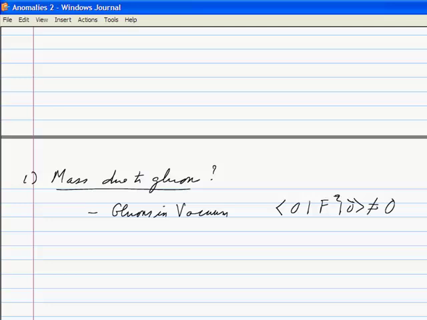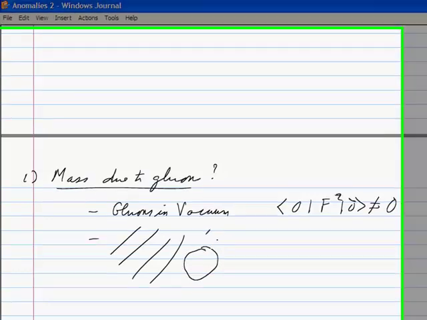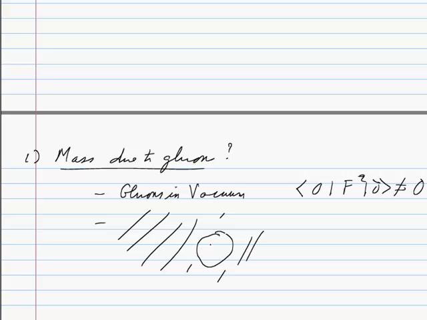In QCD, it's a strongly interacting theory, so the vacuum has a lot of virtual gluons anyhow. So here's my vacuum. I come along and I stick some quarks in it, and they make this little bubble in the vacuum where they live. So they make some change in the vacuum.